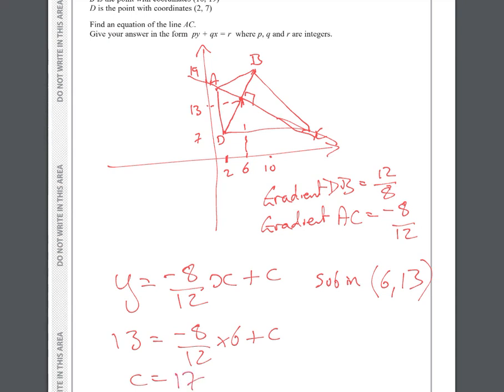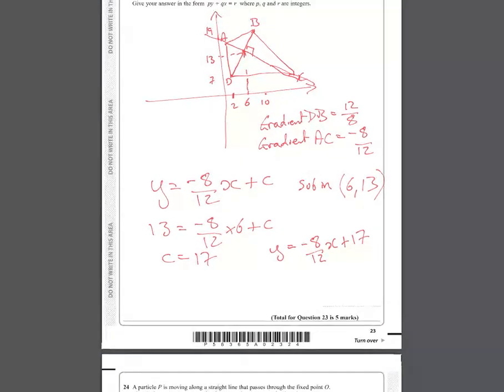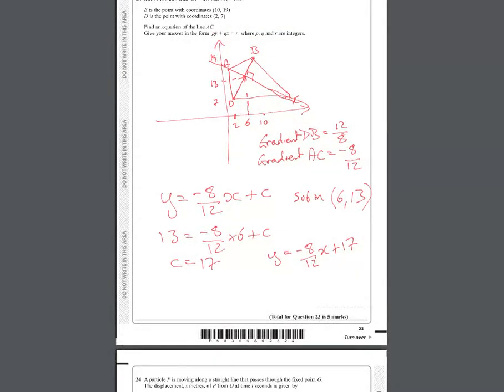So this is y equals minus 8 over 12 x plus 17. And then it tells us these have got to be integer coefficients. We've got to write it in that form. So just going to multiply everything up by 12.